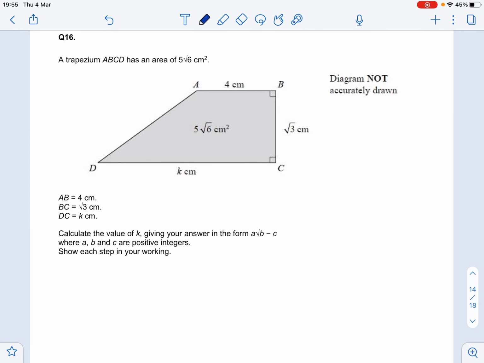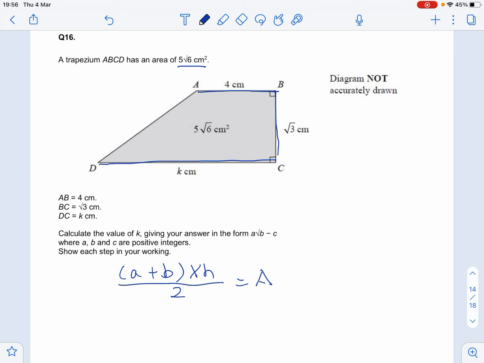Question 16. We have a trapezium ABCD, which has an area of 5√6. So remember the formula for a trapezium is (a plus b), where a is this length here and b is this length here, multiplied by our height, divided by 2, and it equals the area.